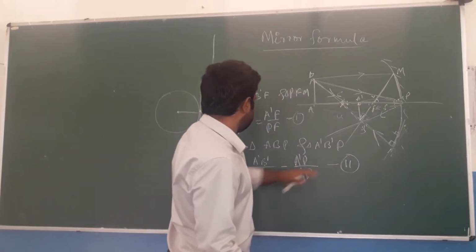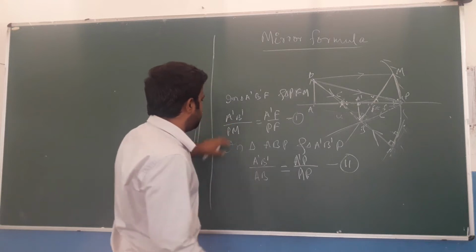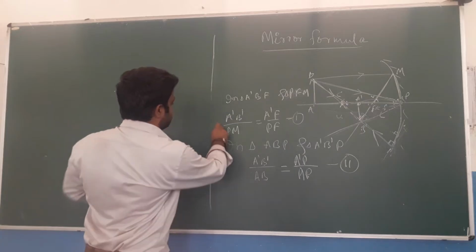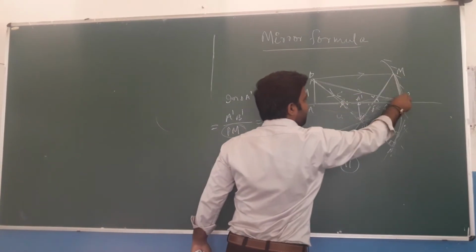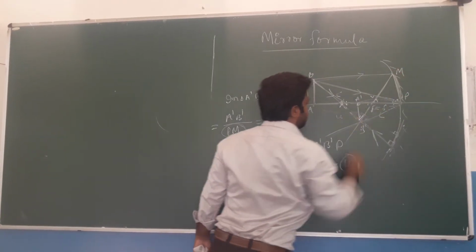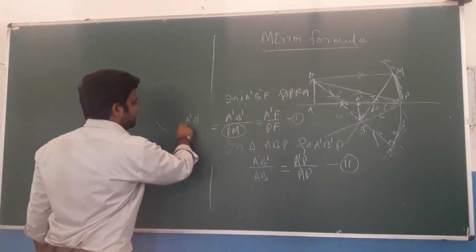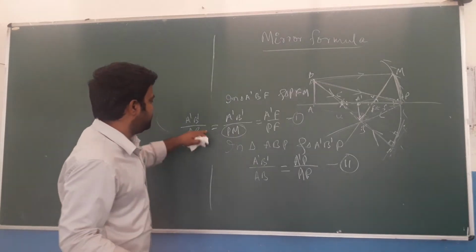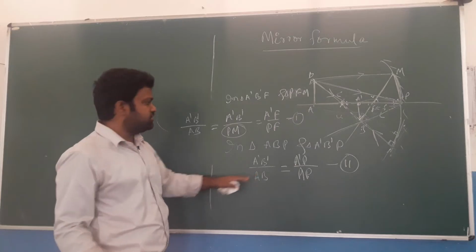Now from 1 and 2 you can easily see that your left hand side is equal, because you can write this PM as AB, because PM and AB are parallel rays, this is a parallel ray, so PM and AB are approximately equal. So we can write A'B' by AB. Now you can see that the left hand sides of both the equations are equal.